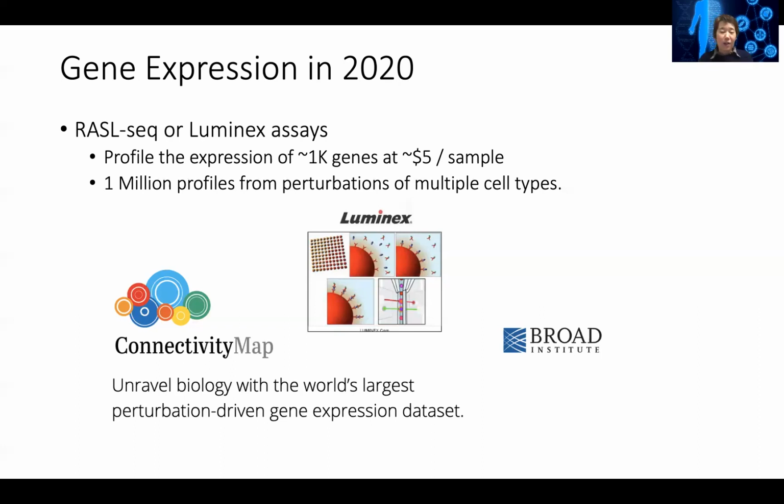After they get the data, they can use the publicly available gene expression profiles where people measure the expression of all 20,000 genes, and then use the 1,000 genes they measured to computationally impute the remaining expression. And then they can get really a genome-wide expression signature of how the cell would respond to a particular perturbation. So these are really very useful resources for people to look at drug or gene effect.